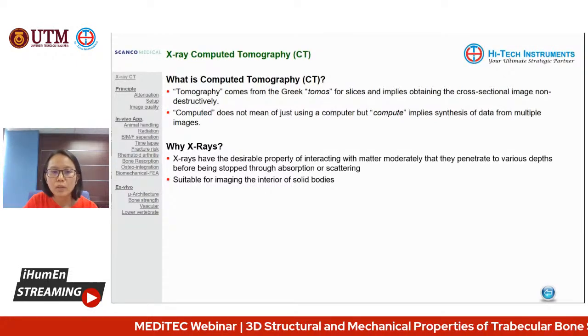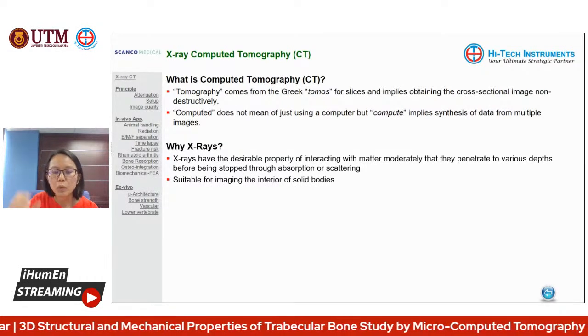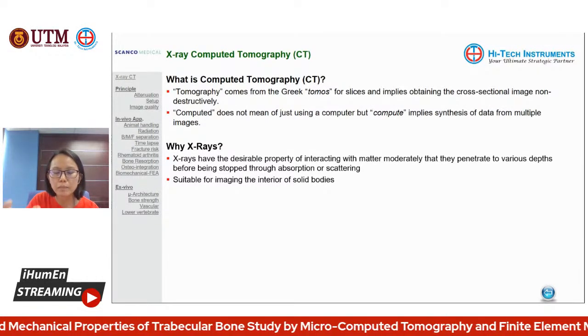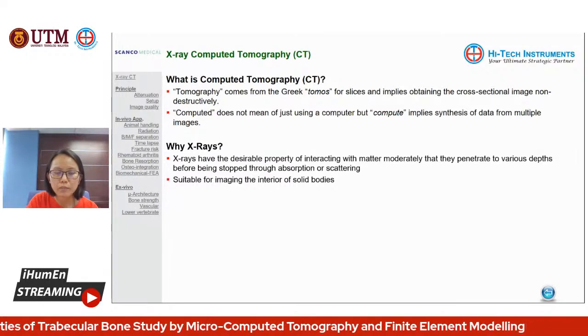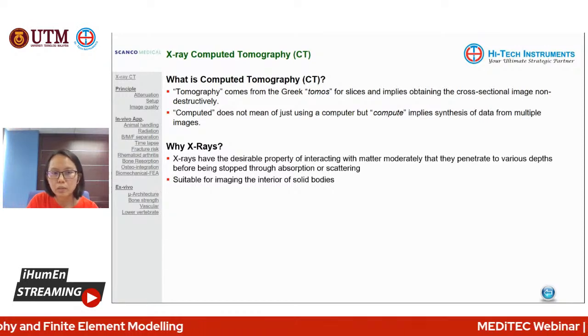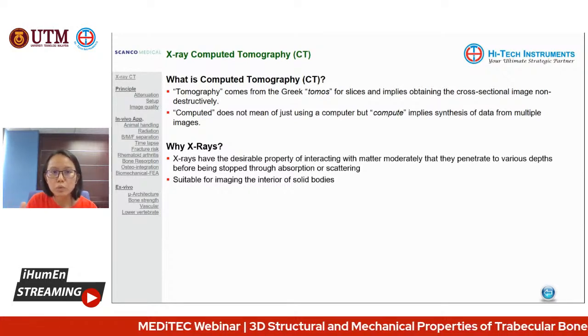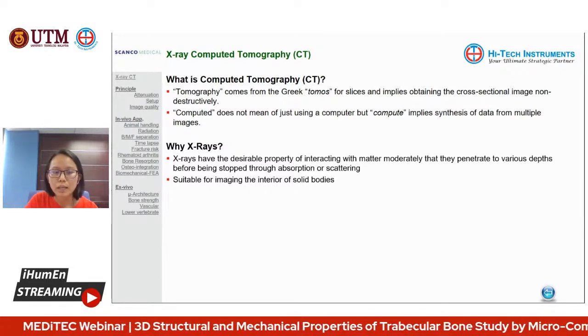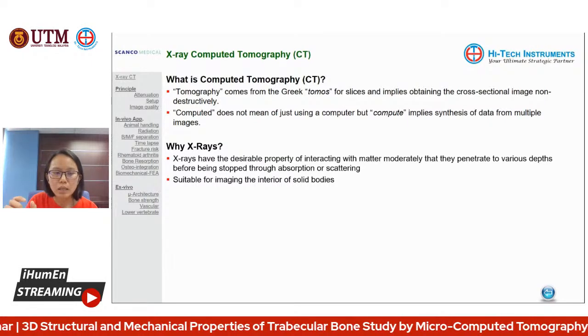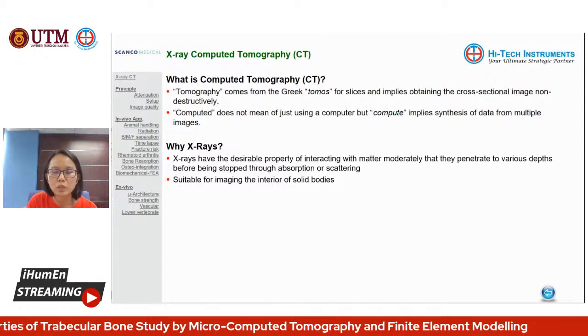So partially the X-ray beam can be absorbed by the material itself, and partially the beam will be detected on the detector. That's the beauty of X-ray and why it is utilized as a non-destructive tool to generate CT images. Because of this, X-ray is very suitable for imaging the interior of solid bodies.